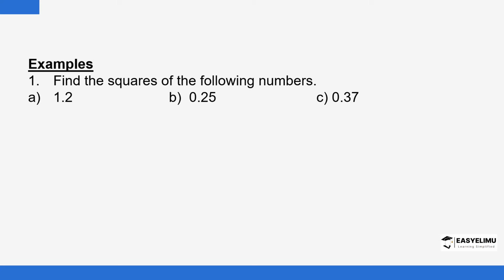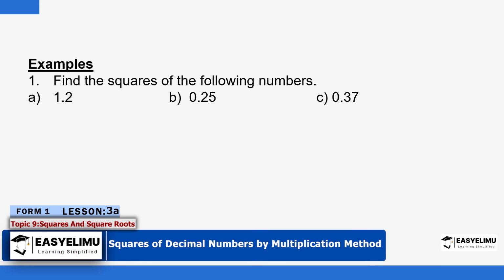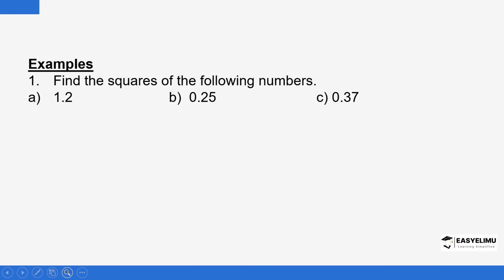Find the squares of the following numbers. So we have 1.2 squared, which is 1.2 times 1.2.